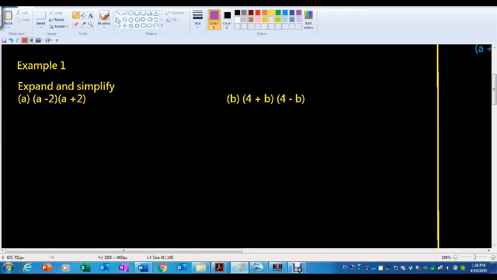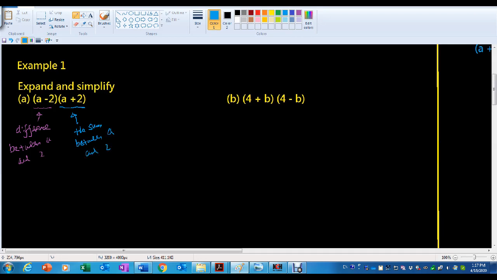Let's see if we understand what we have learned. For a minus 2 times a plus 2, do we see the product of the difference of two terms and the sum of two terms? Yes, this is the difference between a and 2, and this is the sum of a and 2.